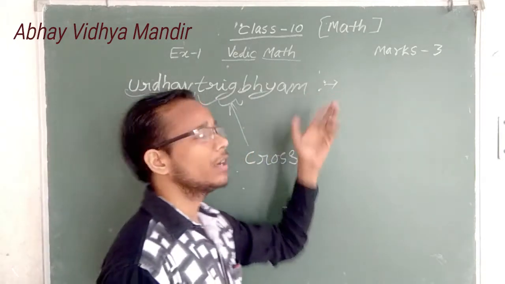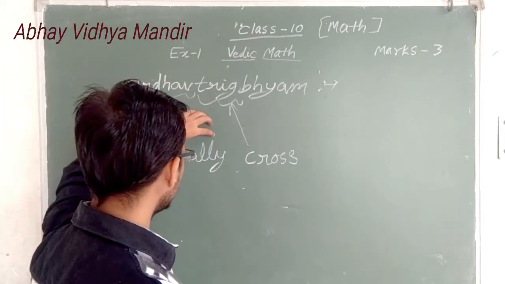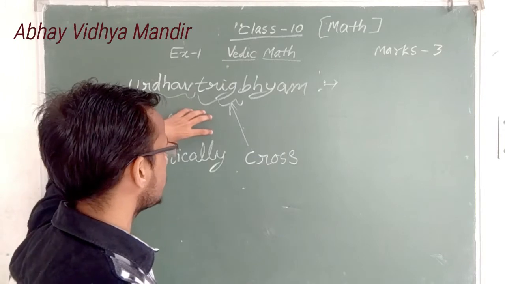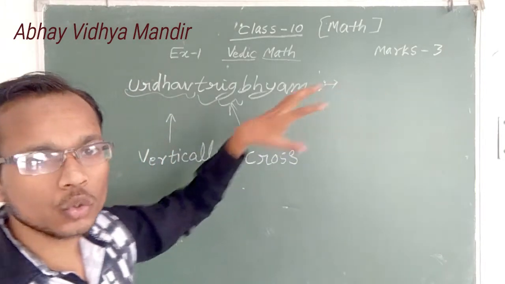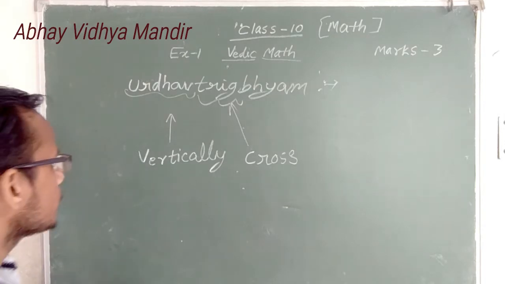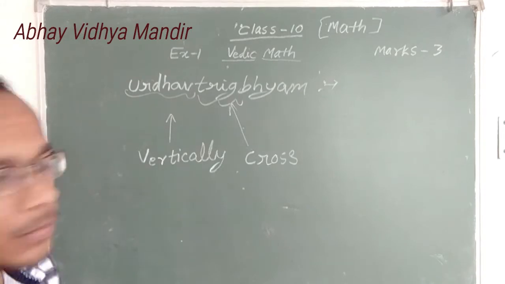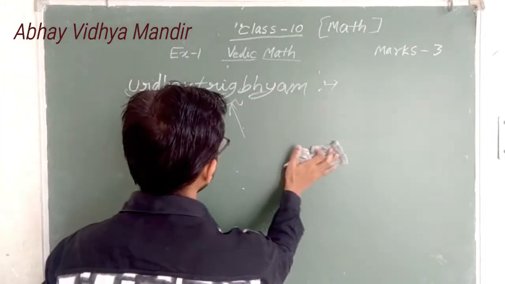And here it is multiplication. So it is a Sanskrit word, and it means that we multiply the numbers vertically and cross. So we will multiply the digits vertically and in cross terms. Okay, let's see.